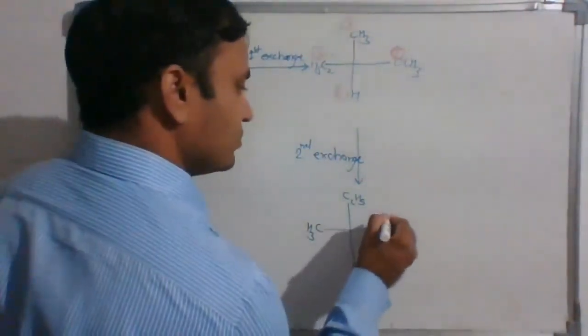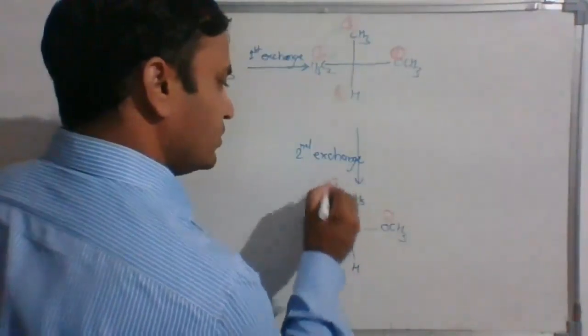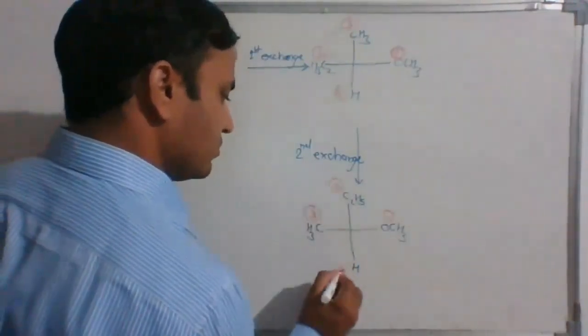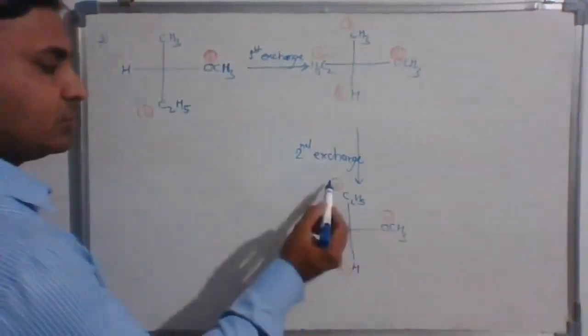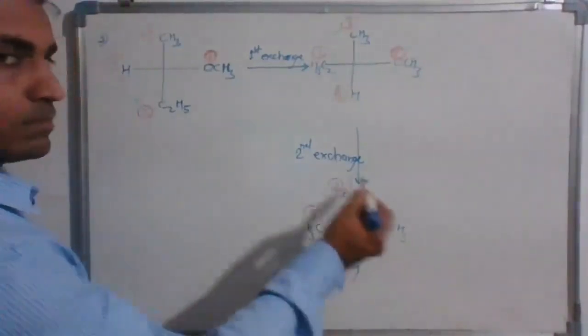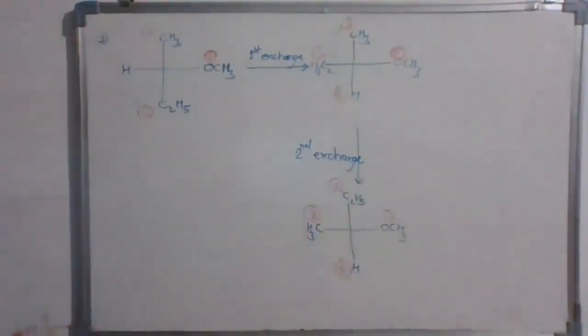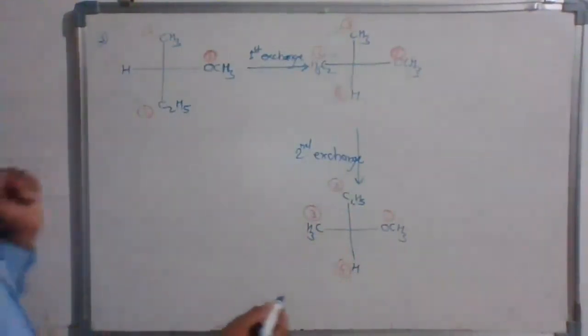Now, observe the sequence. The sequence is 1, 2, 3, 4. It is anti-clockwise. The sequence is anti-clockwise.